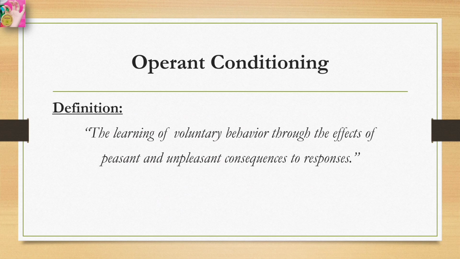Now, operant conditioning. The word operant in operant conditioning refers to operant behavior, which means any behavior that is voluntary. Now, in operant behavior, stimuli can be appetitive or aversive.